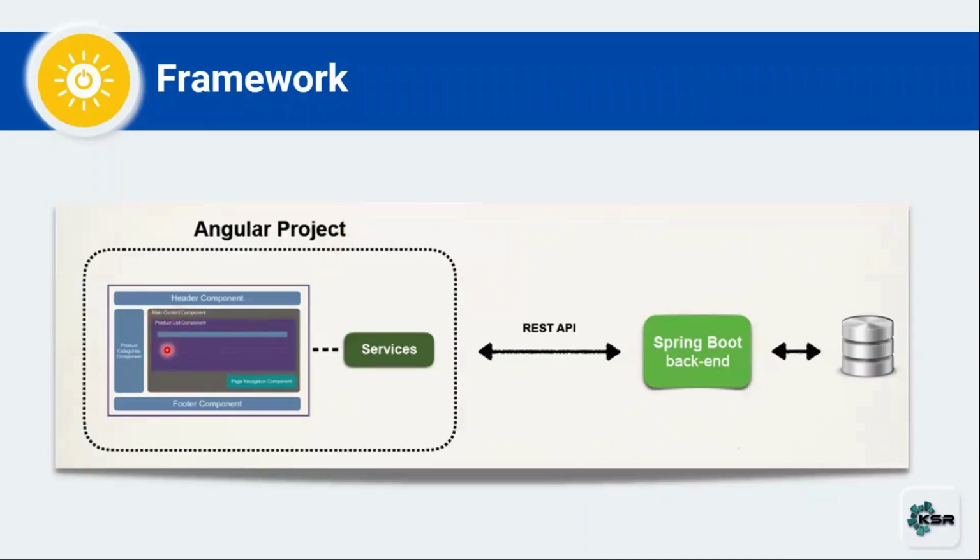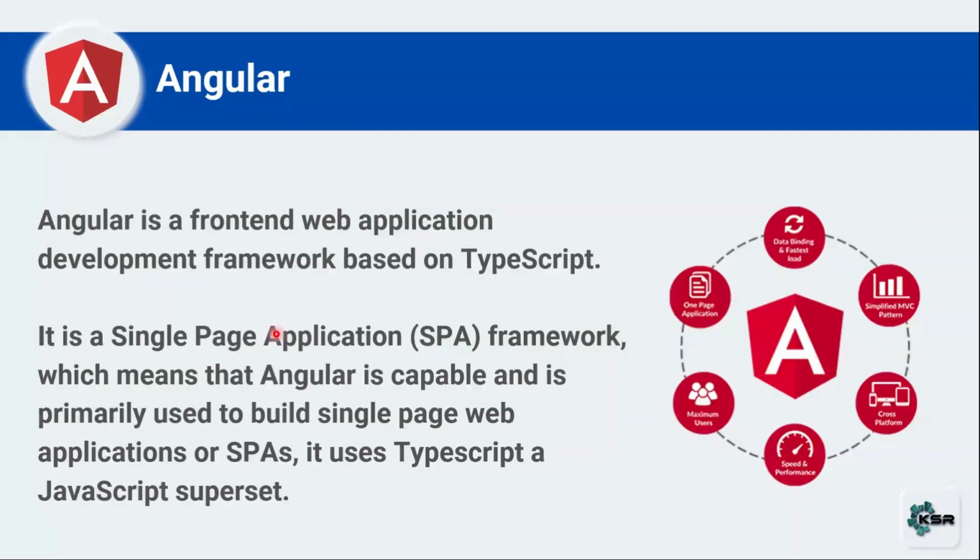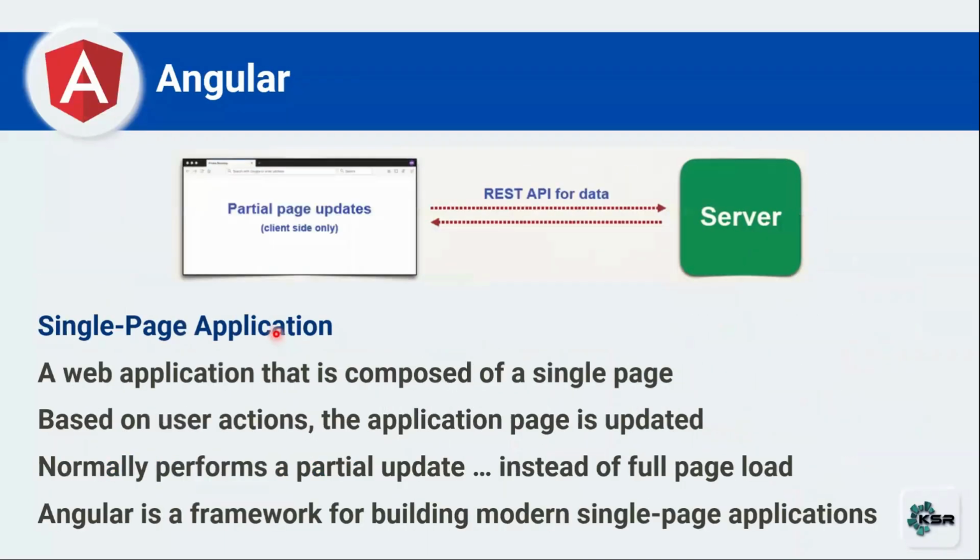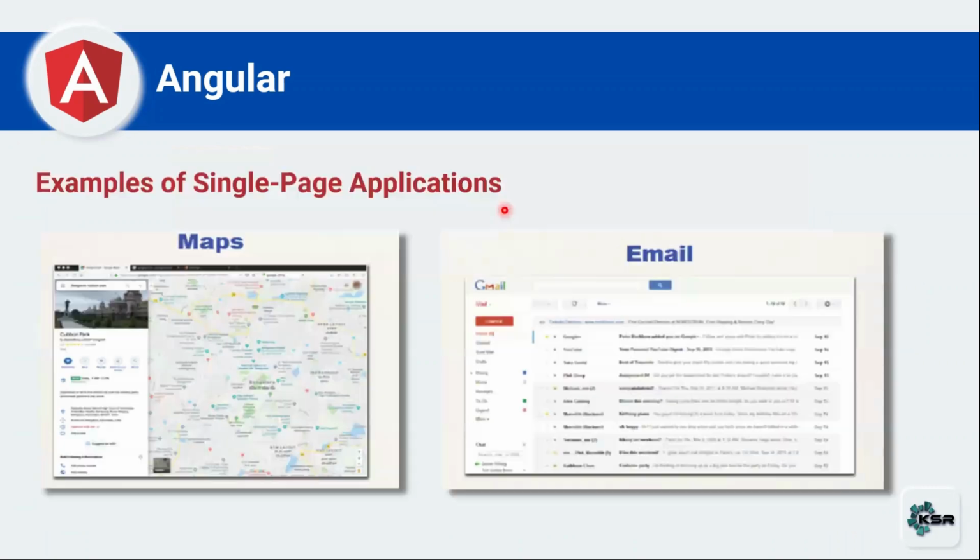My account number, my address, everything else will remain the same. Only when I am checking what my quarterly interest is, what my annual interest is, what my monthly interest is, only that particular text box is going to refresh. That is what we call a partial update. So that's why we choose this particular technology.